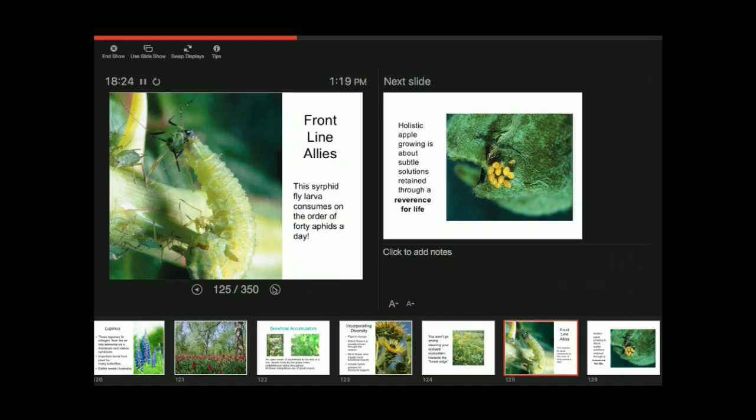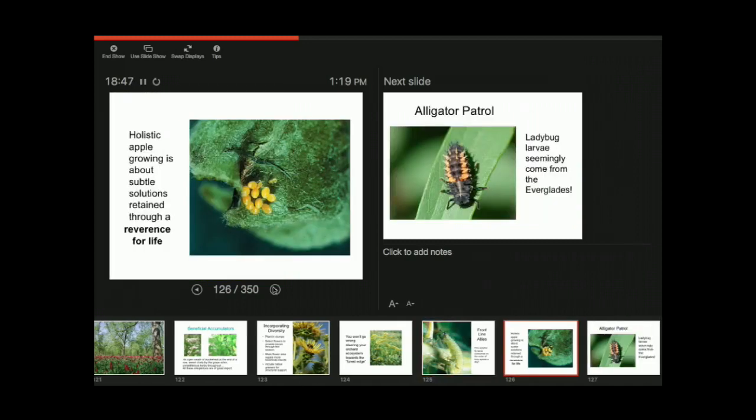It's about the size of a honeybee, but it's definitely a fly, and it hovers, and its larvae eat like 40 aphids a day. Why is that happening? Because you have buckwheat and hardy marguerites and different flowering plants that feed syrphid fly adults, who then sense when aphids are present and they lay their egg. Within a few days it hatches, and the little dragon is doing its duty.